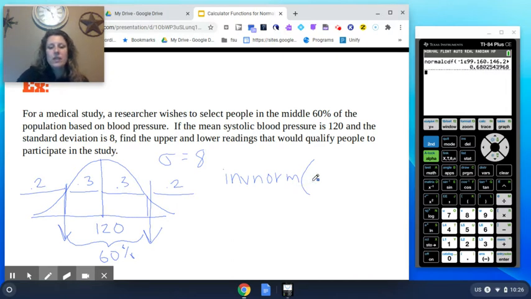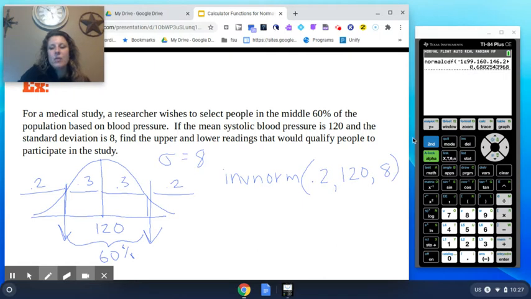So what we need to do is enter an area to the left. This 0.2 is an area to the left of this lower boundary. So that is the value that I'm going to put into inverse norm. The next two numbers have to be the mean, 120, and the standard deviation, which in this case is 8.